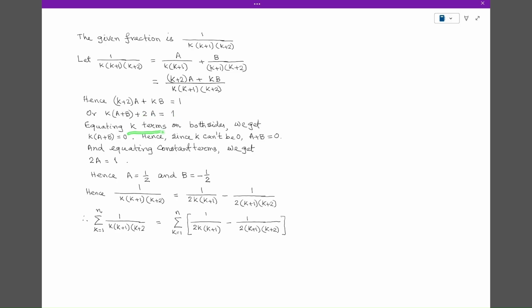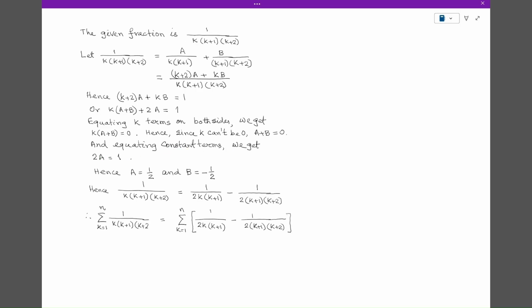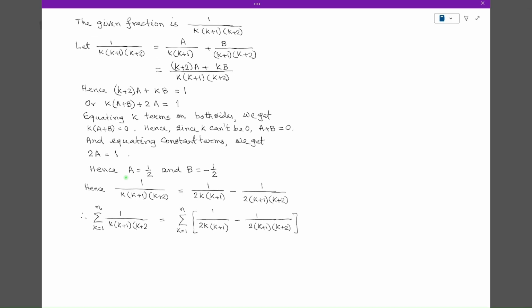Equating k term on both sides, we get k multiplied by a plus b is equal to 0. Hence, since k cannot be 0, a plus b is equal to 0. And equating constant terms, we get 2a is equal to 1. Therefore, a is equal to half and b is equal to minus half.